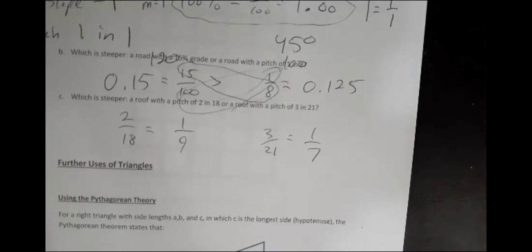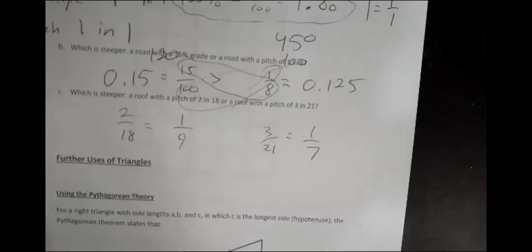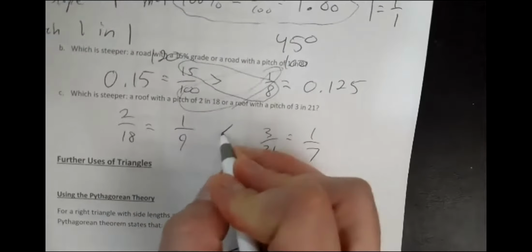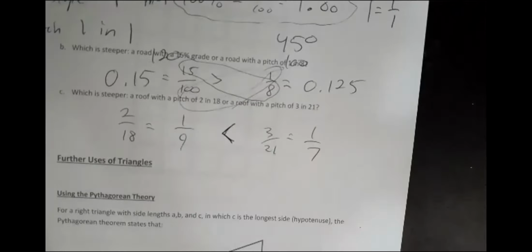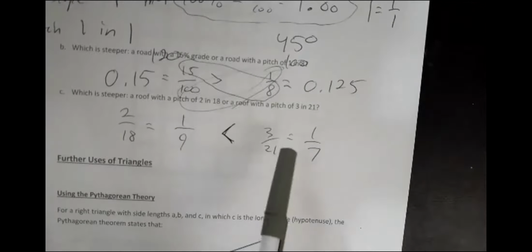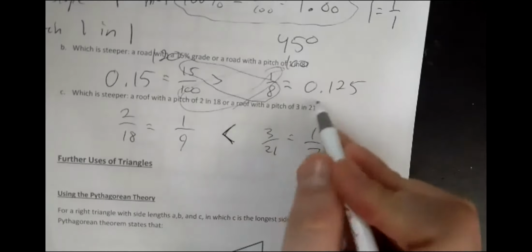And now the textbook question of the day. Which one of these is larger, 1/7 or 1/9? I know the 9 is larger, but it is a fraction. Don't fall for it. 1/9 is smaller than 1/7. So this one would be steeper. 3 and 21.